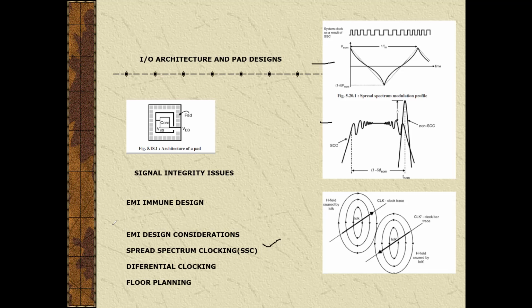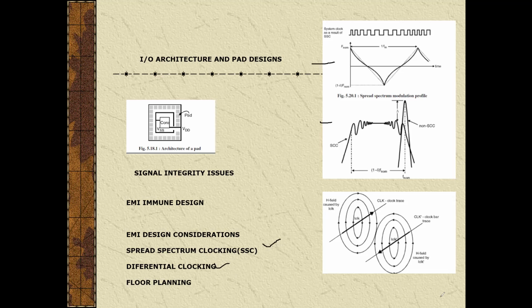The second one is differential clocking. Differential clocking needs the clock oscillator to supply clock and clock bar traces to optimize the use of differential clocking. Clock lines are routed parallel, and the reduction in EMI mainly due to differential clocking is because of H field cancellation.